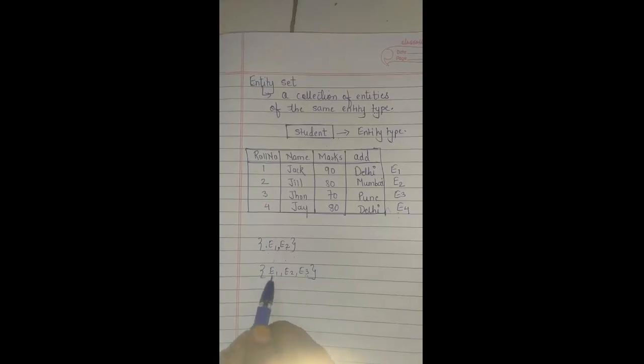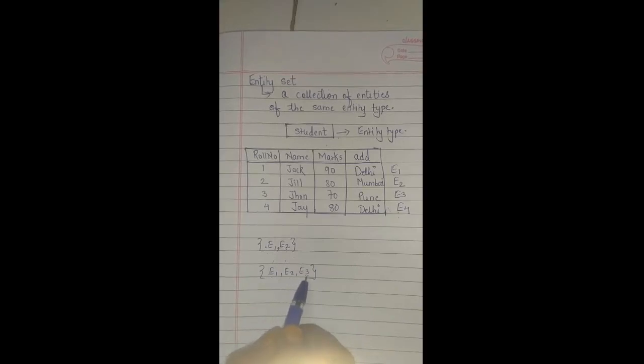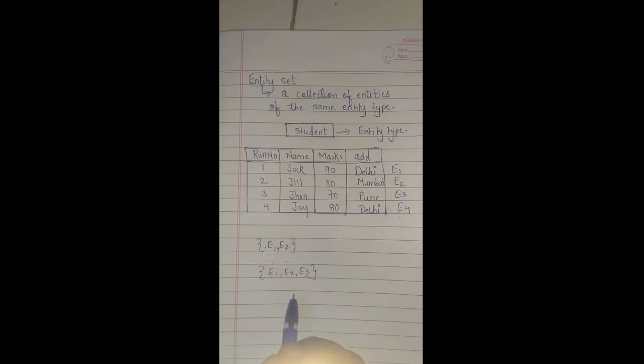Whatever collection of entities of the same entity type there is, it makes an entity set.